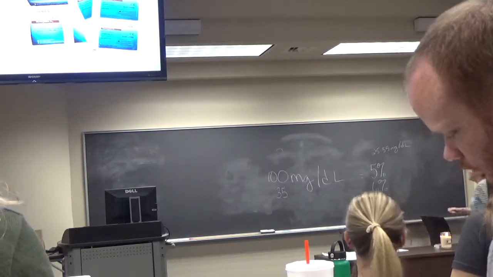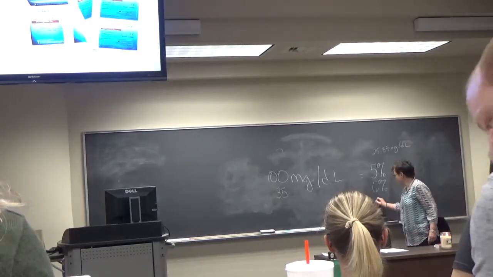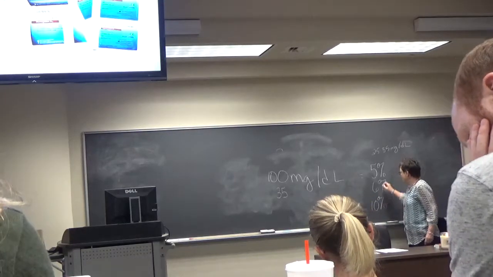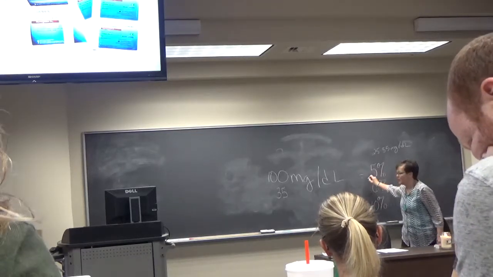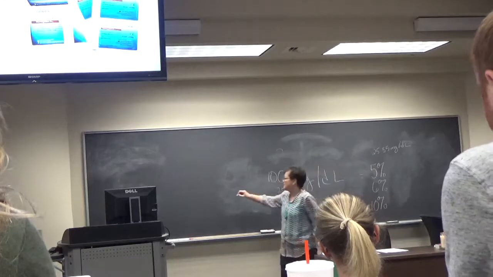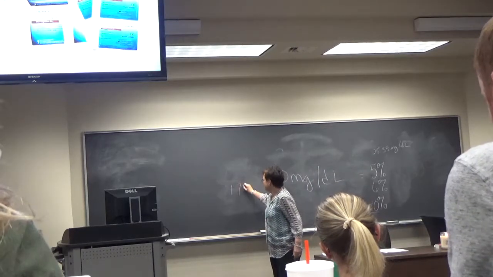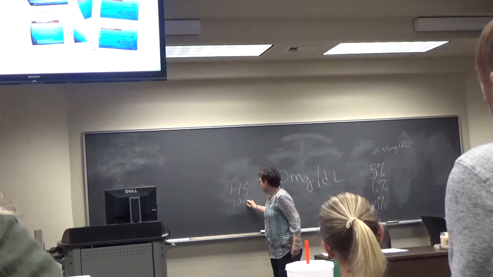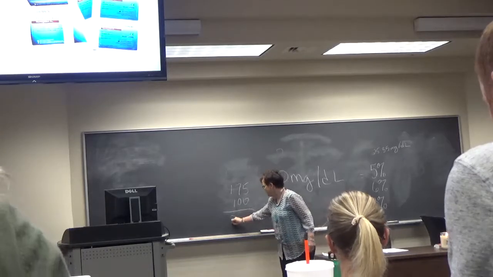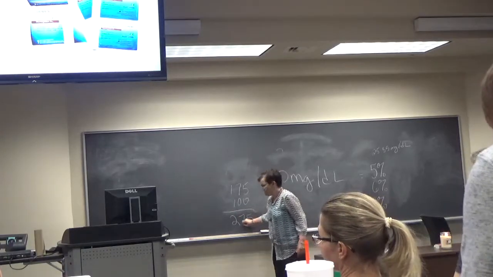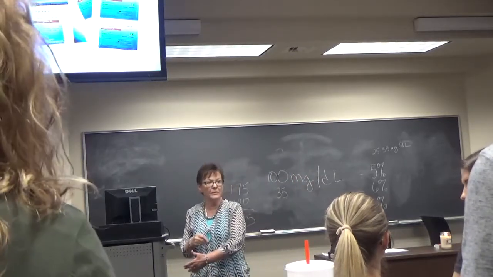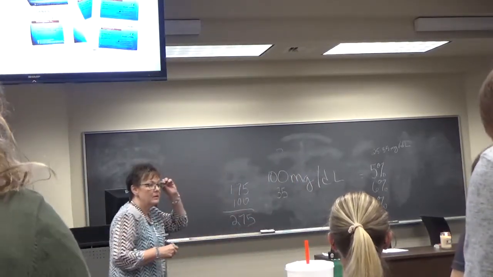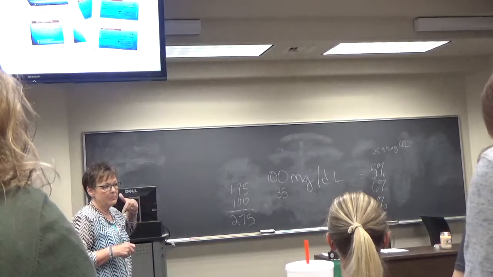So an A1C of 10%, I can eyeball that because I know the average is 5%. It's 5 points above average. 5 times 35 is 175. So I know that their average blood sugar is 275. Okay, that's average. That means they're spending half the time above there and half the time below there. So that's why that number is important.